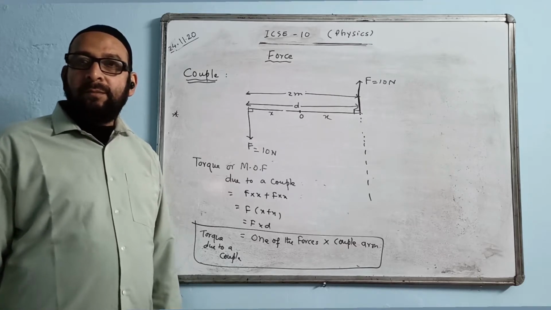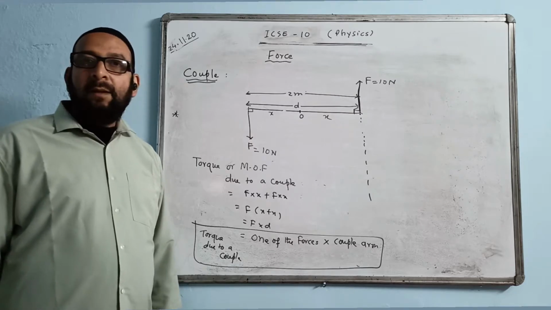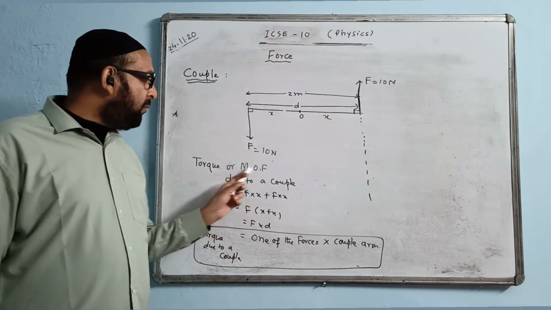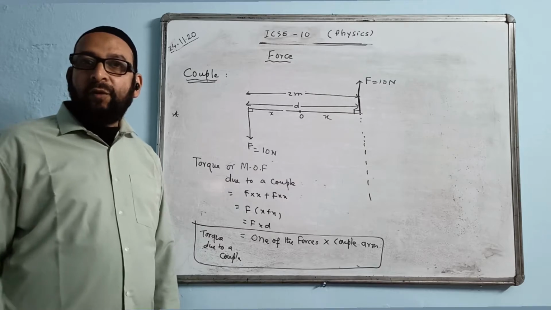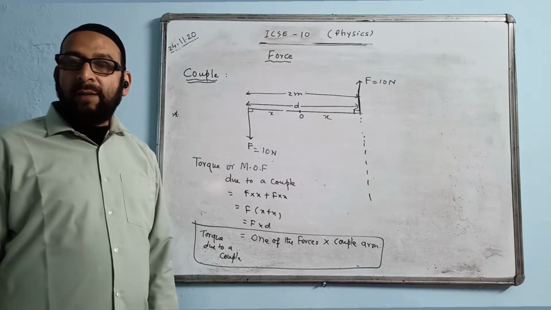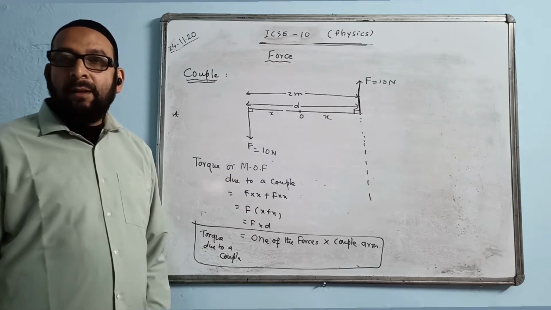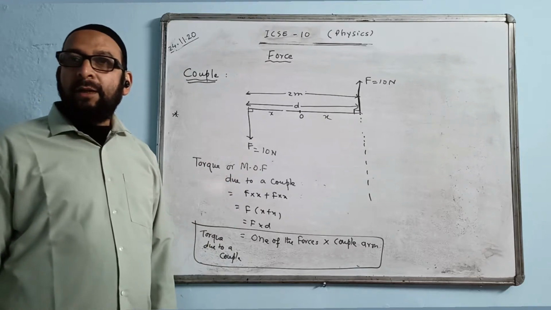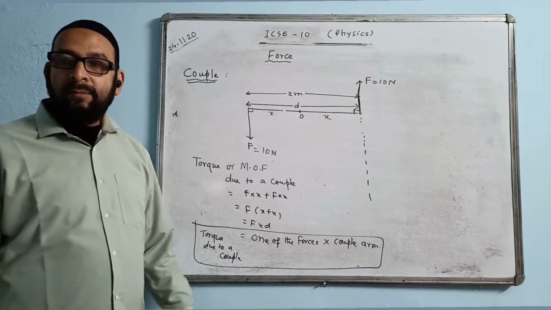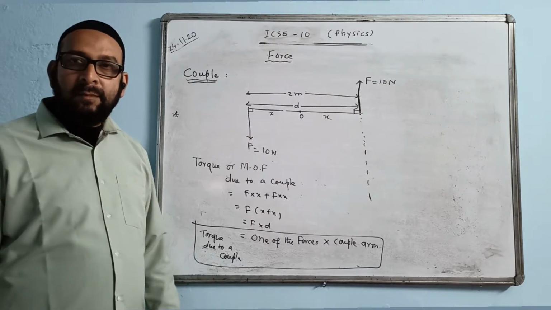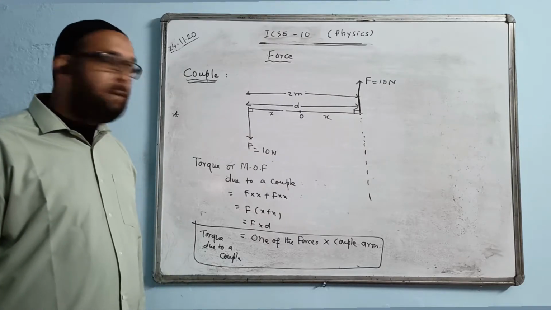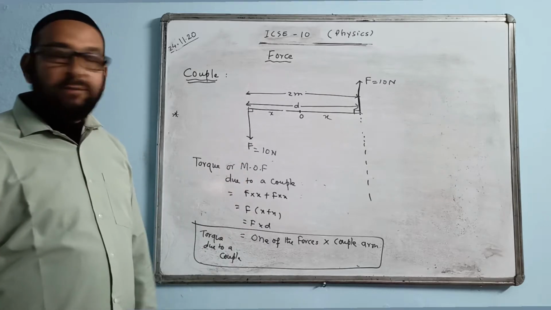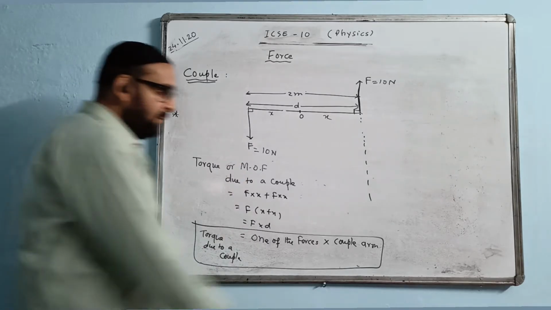But the moment of force, MOF, the full form is moment of force, or the torque on it, is not 0. I hope you understood this point. This was a slightly interesting case.